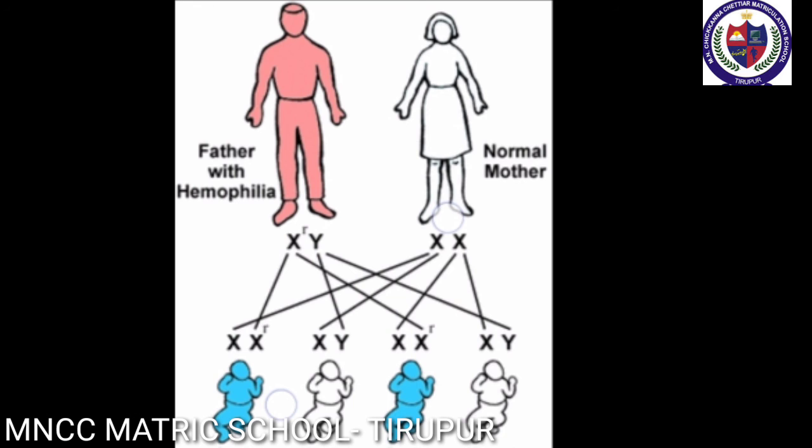If the egg, that is X, is fused by the X bearing sperm, an XX individual, a female, is produced. If the egg X is fused by the Y bearing sperm, an XY individual, a male, is produced. The sperm produced by the father determines the sex of the child. The mother is not responsible in determining the sex of the child.